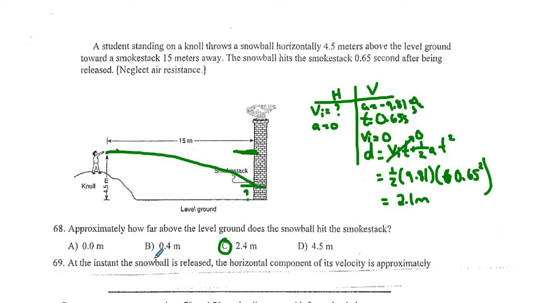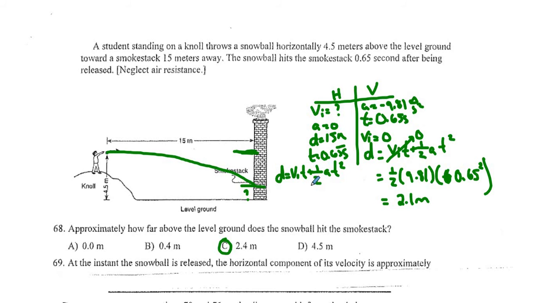At the instant the snowball is released, the horizontal component of the velocity is approximately. Okay, so now this is what I want to find. I know the distance is 15 meters, and I know that it takes 0.65 seconds to get there. So with these three pieces of information, use the same equation, d equals VIT plus 1/2 AT squared.